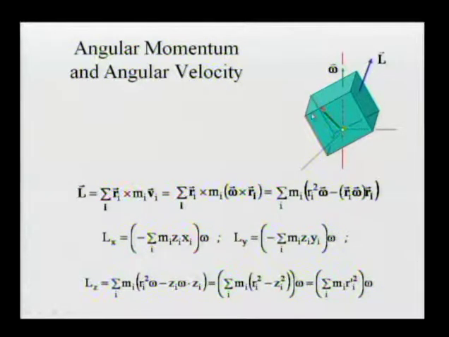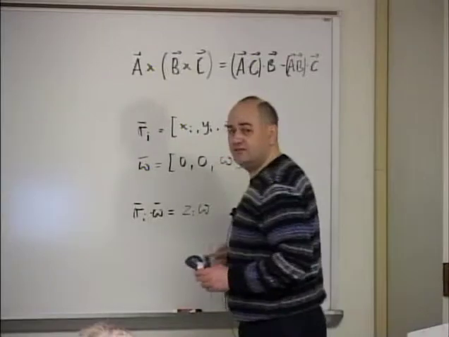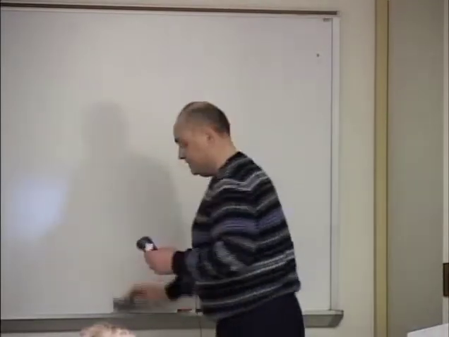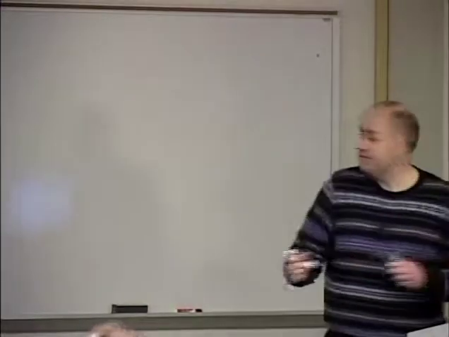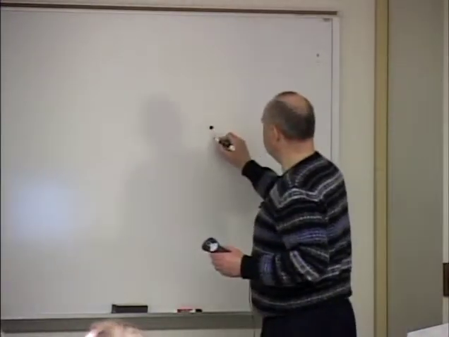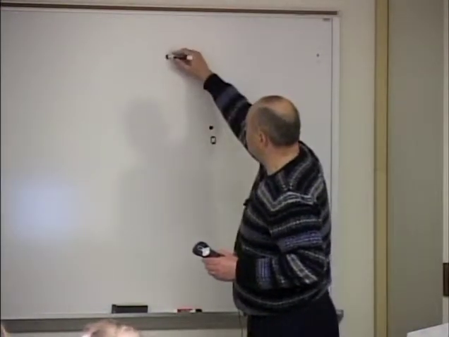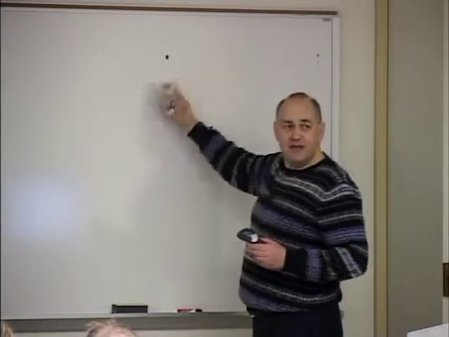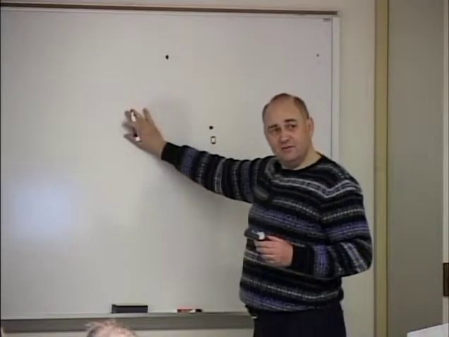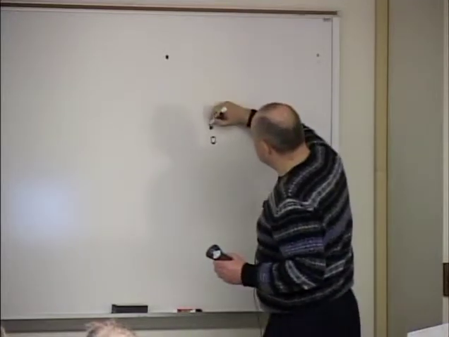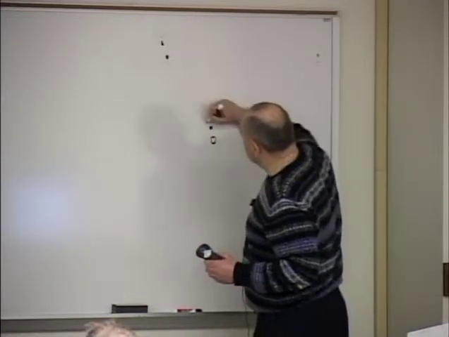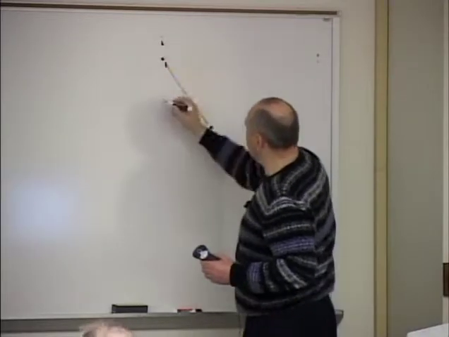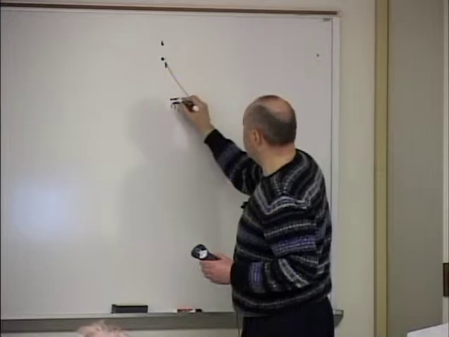Now let me draw it from a different point of view. So let's say over here I have the reference point. Here I have the particle, and they both are in the plane of the whiteboard. So this is the ith particle, and here I have a position vector Ri.